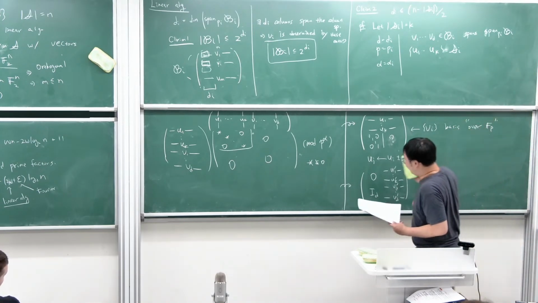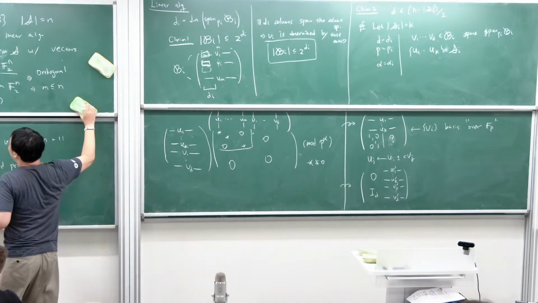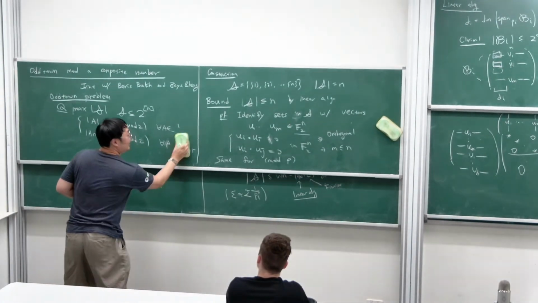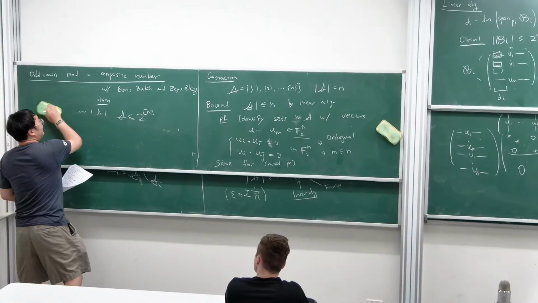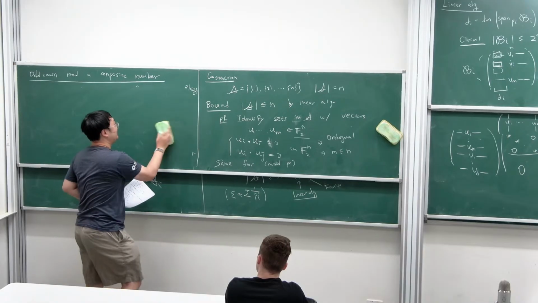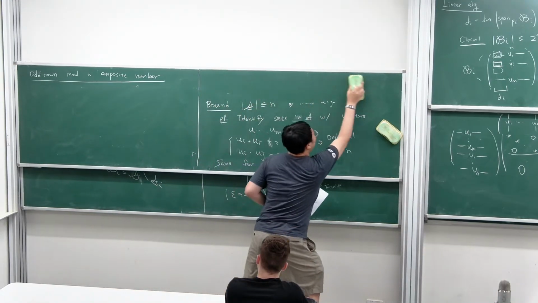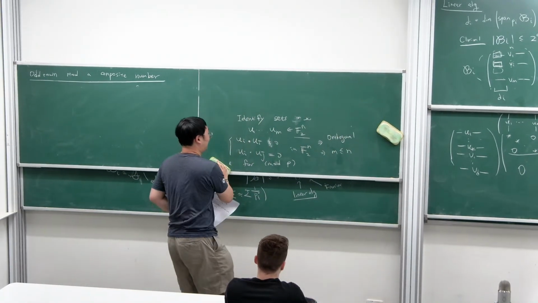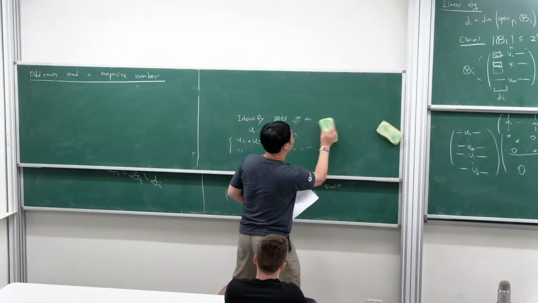Okay, so what have we done? Let's look at the inner product between these ui prime and vi prime and see what the relation is between these new vectors by dropping the first d columns.